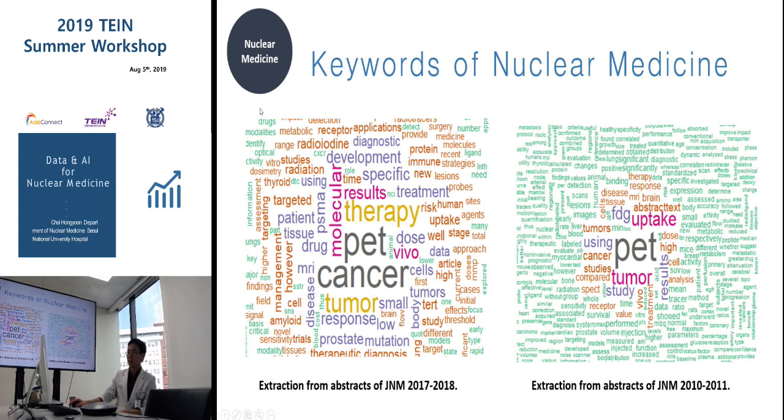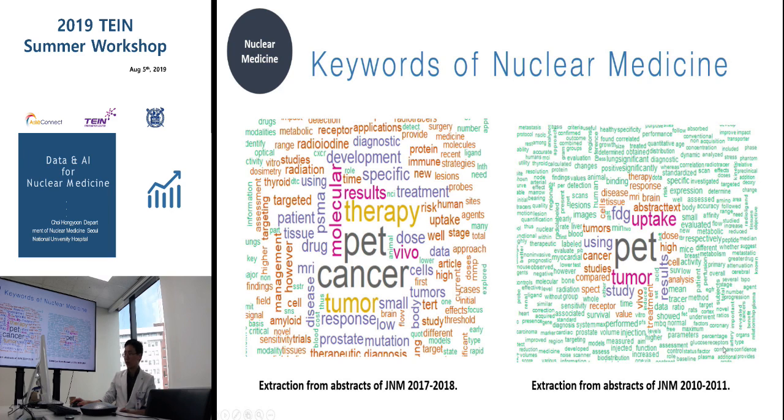So these are today's keywords of nuclear medicine, and these are the keywords of 2010 and 2011. As you can see here, previously, around 7 years ago, all of us dealt with PET, and particularly FDG PET.